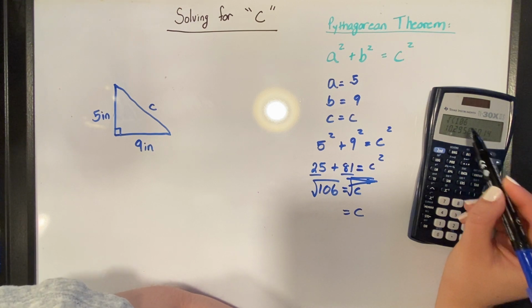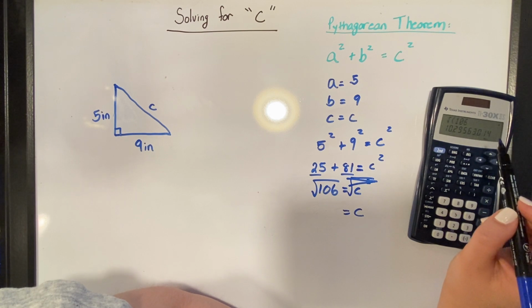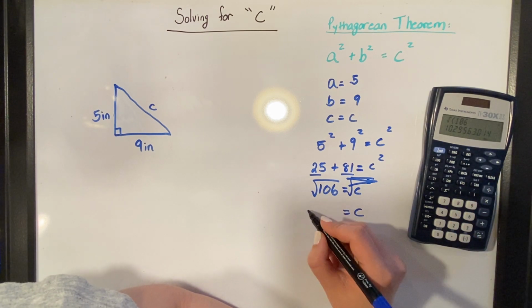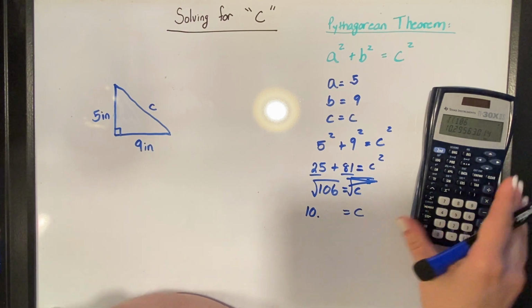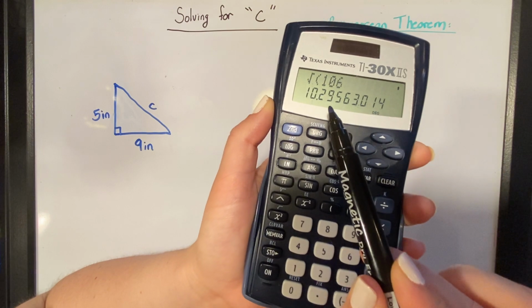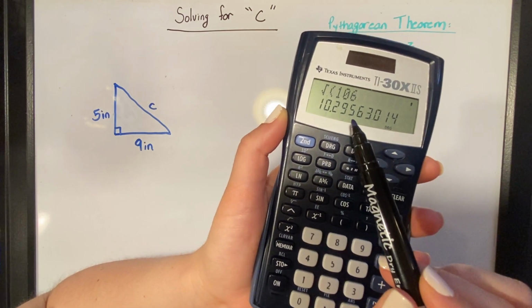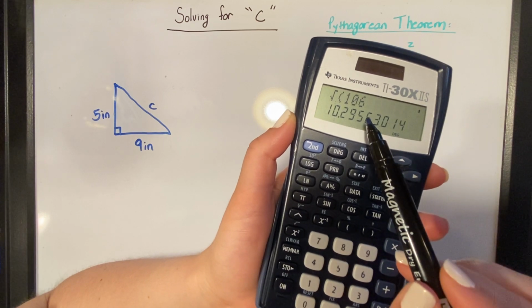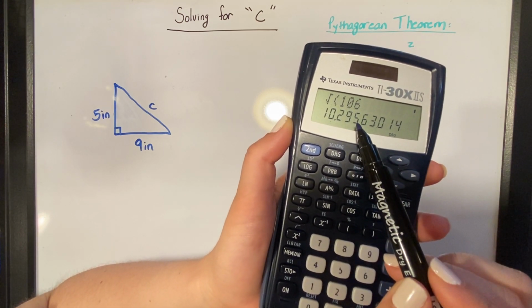Now remember, I said that you need 2 places after the decimal point. So this would be 10 point, and now this is a rule of rounding. We need 2 decimal points, so this is 0.29. Do you see how the number after the 9 is a 5?